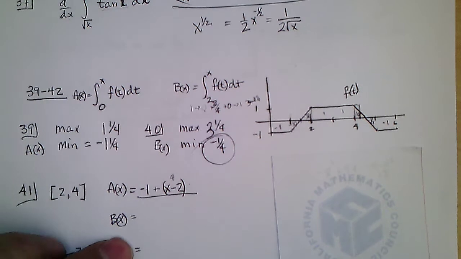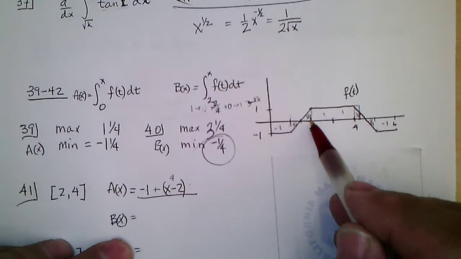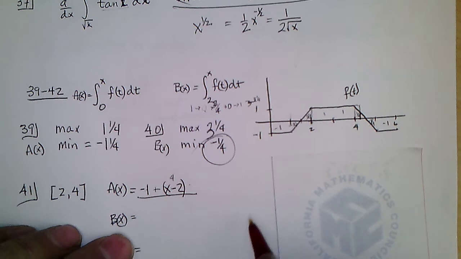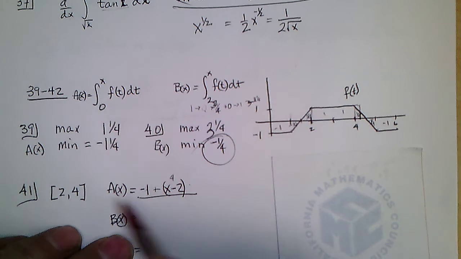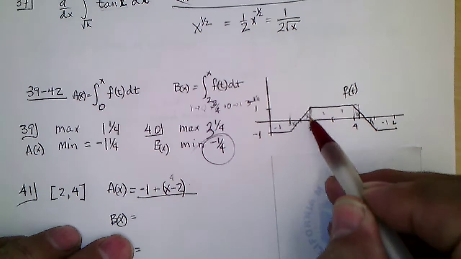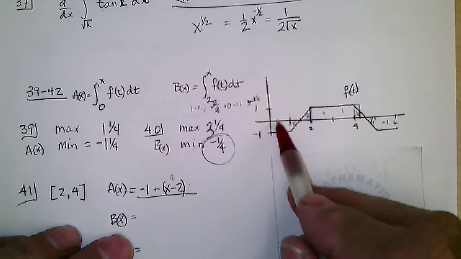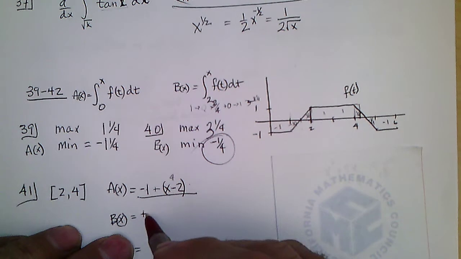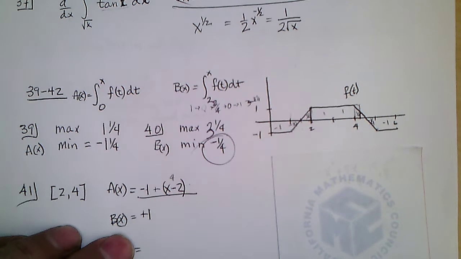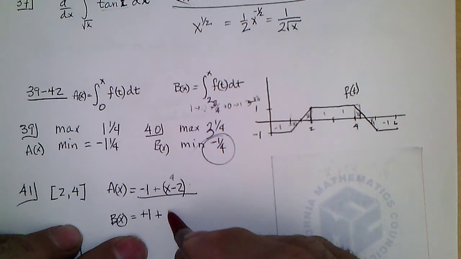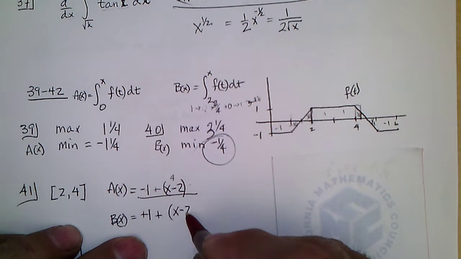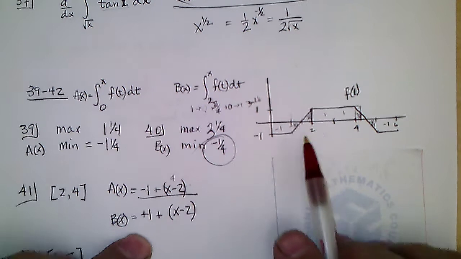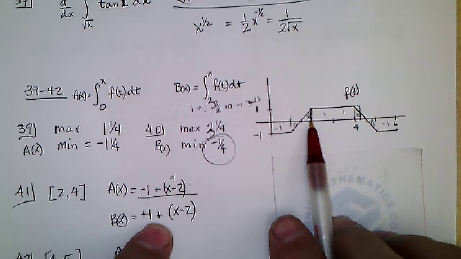For B, from 2 to 4, since we started here, B right here is plus 1. And then we're going to go plus x minus 2, because we have 1 right here.